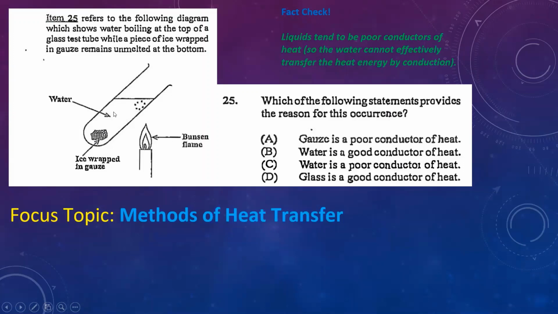It's showing that water is a poor conductor of heat, since the water at the top boils before the ice melts, and therefore the heat must not have been traveling properly to melt the ice, because it is easier to melt ice at 0 than to get water at 0 to boil. So it's showing that water is a poor conductor of heat, and so C is your answer.